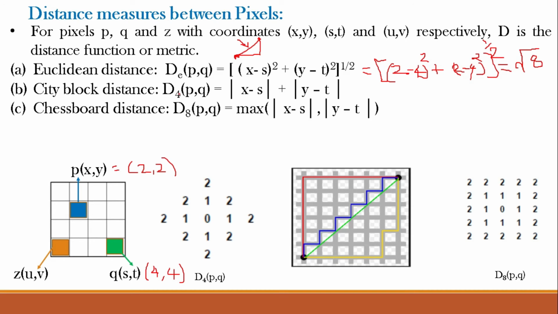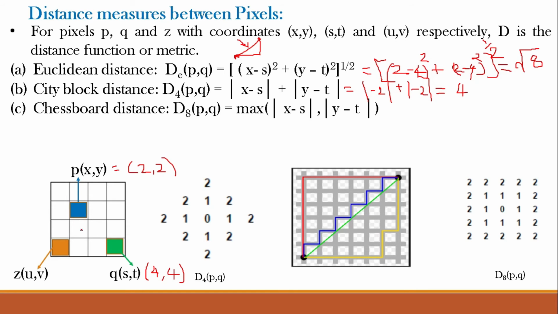For the city block distance, the formula is d4 of p,q equal to magnitude of (x minus s) plus magnitude of (y minus t). So let us calculate it. As it is magnitude, this will become plus 2 as well as plus 2, so this comes out to be 4. So the city block distance between this pixel and this pixel is 4. How? Calculate it like this: 1, 2, 3 and 4.